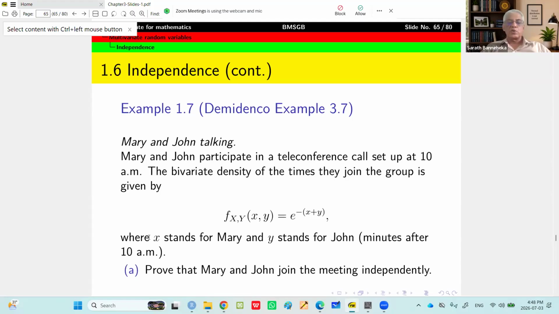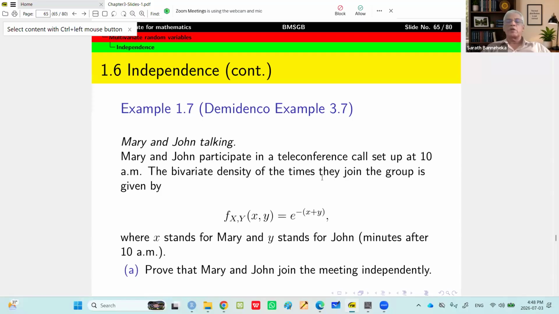Prove that Mary and John joined the meeting independently. Right. So in order to prove that they are joining the meeting independently, what you have to prove is that the corresponding random variables, capital X and capital Y, are independent random variables.